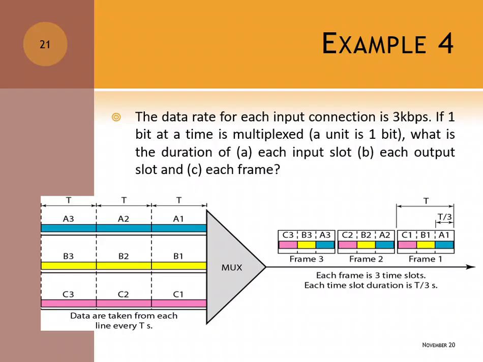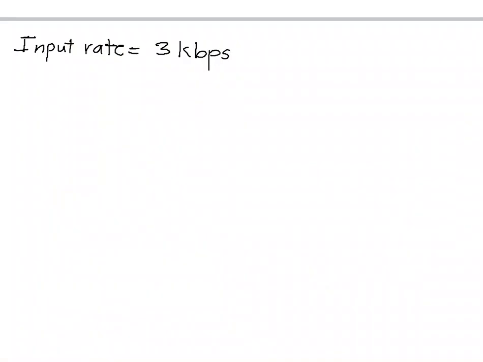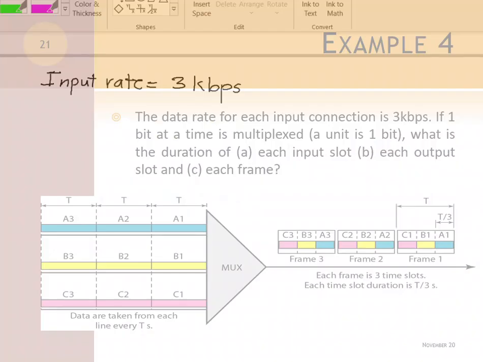So first, we write down the info given, input rate equal to 3 kbps. So the question asks you about input slot, output slot, and frame. Okay, duration.